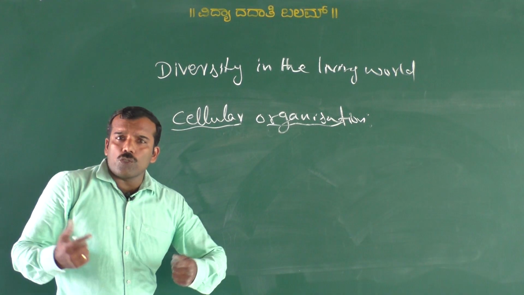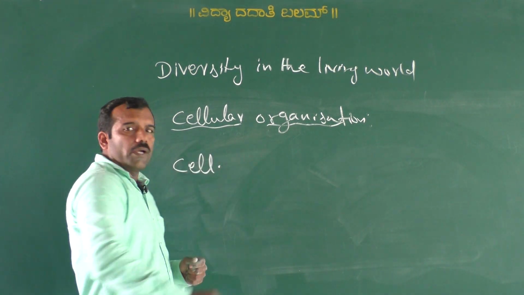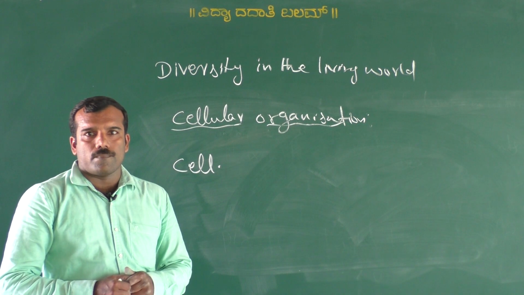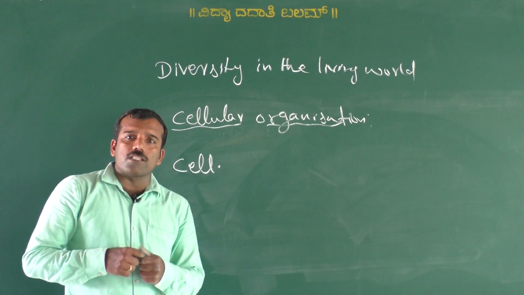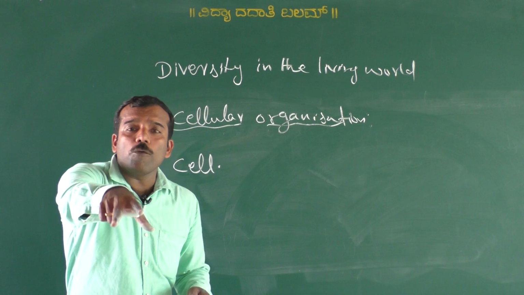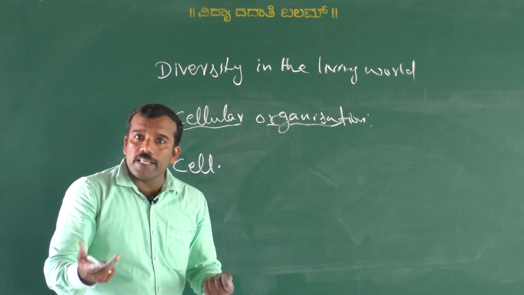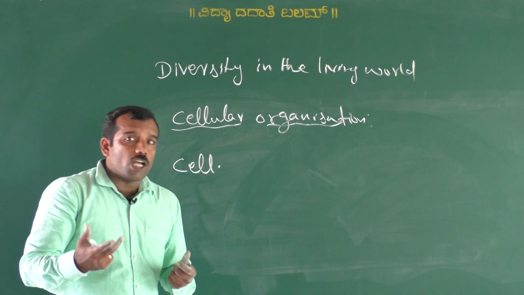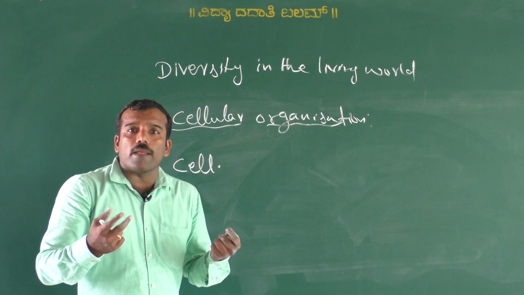You know from high school itself that the cell is a structural and functional unit of living organisms. In a single-cell or unicellular organism, the single cell itself is an organism. All the physiological and metabolic activities are shown by a single cell: digestion, excretion, osmoregulation, even response to external stimuli.